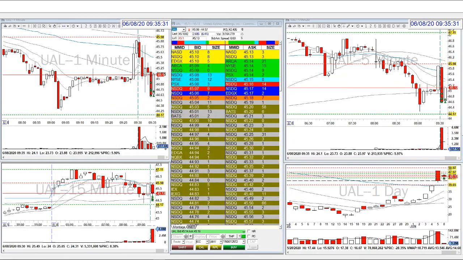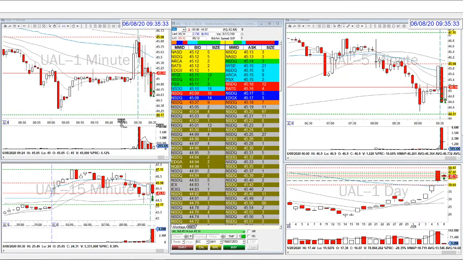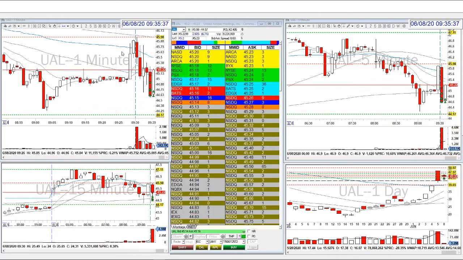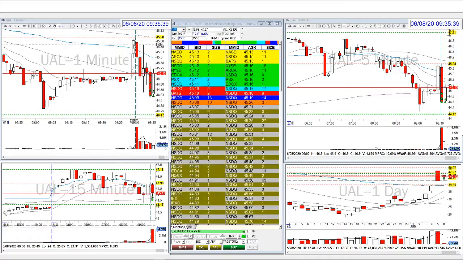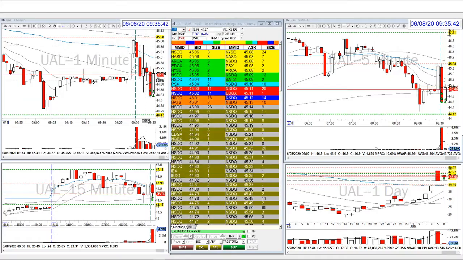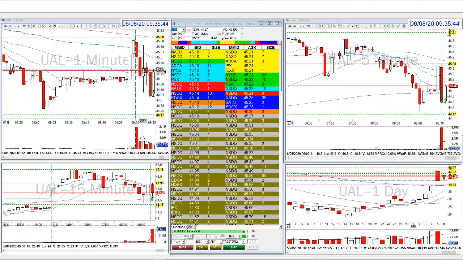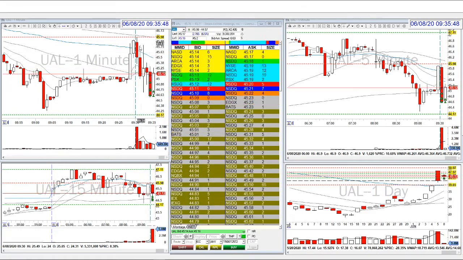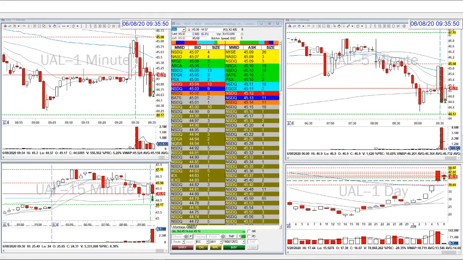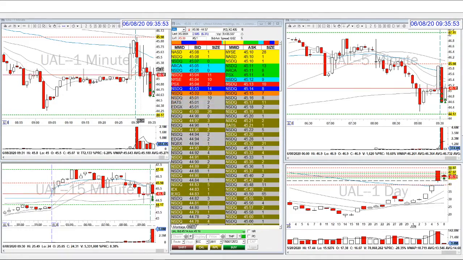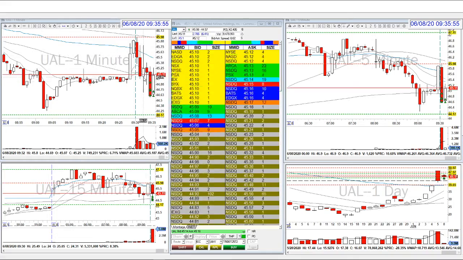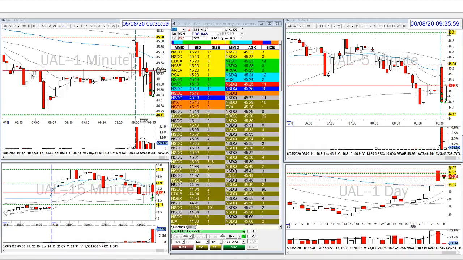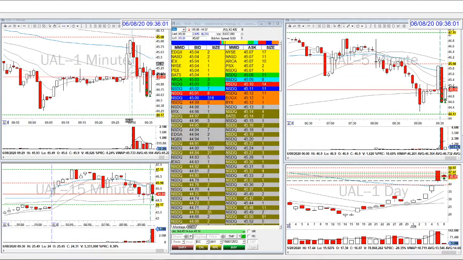Earlier on UAL, the stock started a little bit weak, right? And this is the free web, and there is a bearish engulfing, and the stock just keeps dropping. The appearance of a long wick here makes me wonder whether this stock has any direction at all. Every time you see this long wick, it means there is no clear indication whether the stock is going to go long or short.